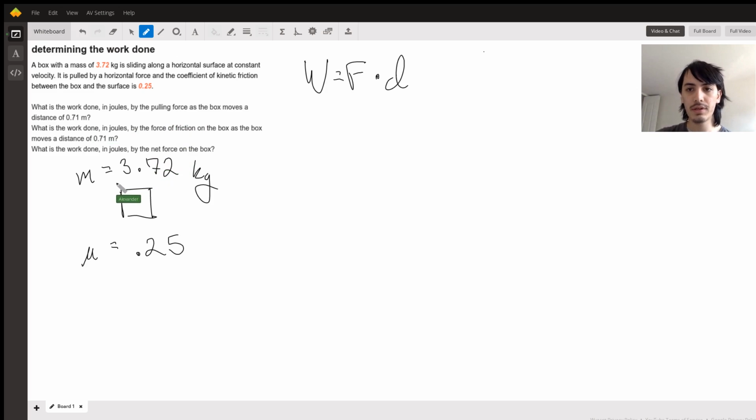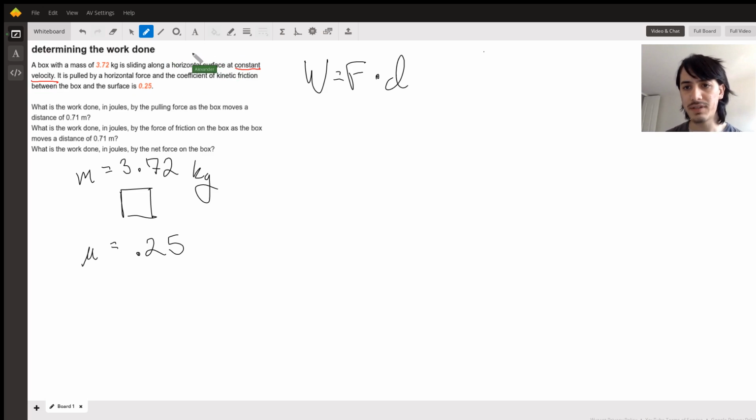force. So the first thing to discuss with this problem is that we're told crucially that the box has a constant velocity.